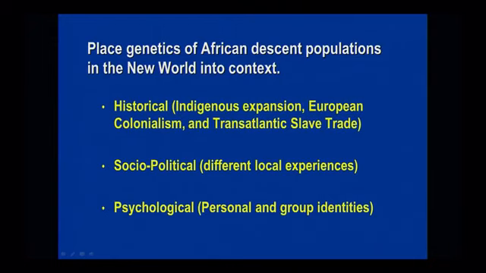There are different local experiences, and when we look at the genetics, a lot of that arises because of the differences in the local experiences across the New World. And then the psychological, because folks identify themselves, and you have the right to identify yourselves how you are, whether you're Tiger Woods or Rick Kittles, you say what you are, right? A Cablasian or whatever, right?